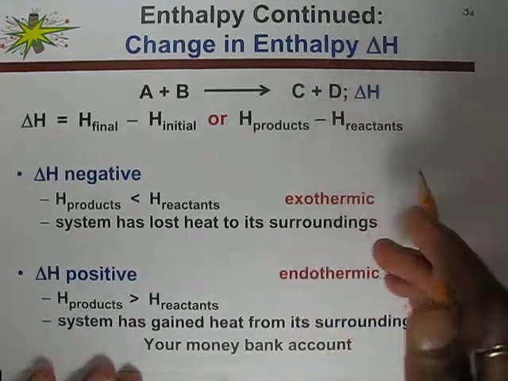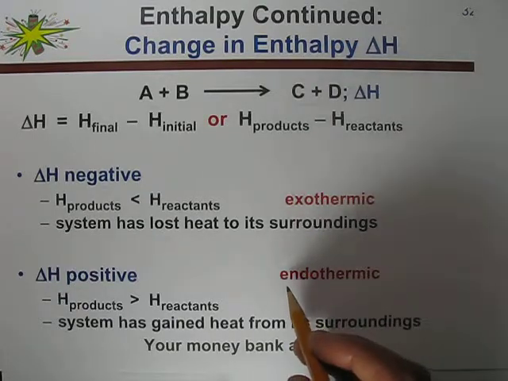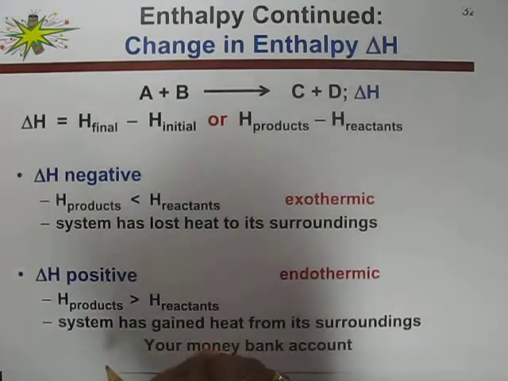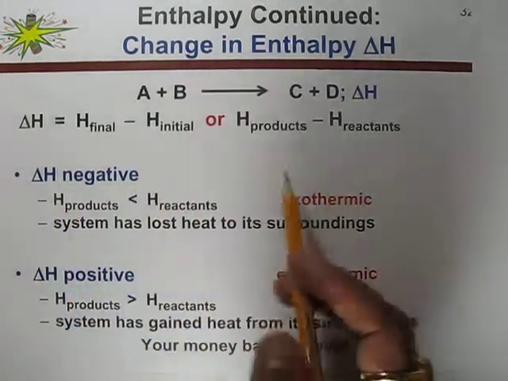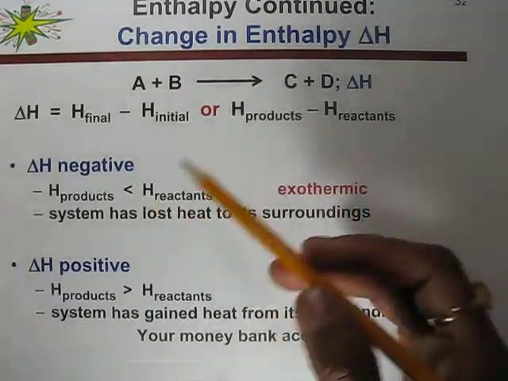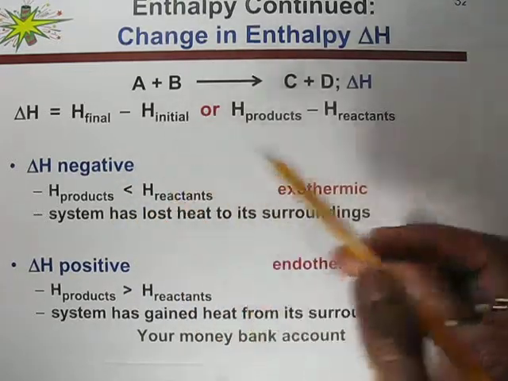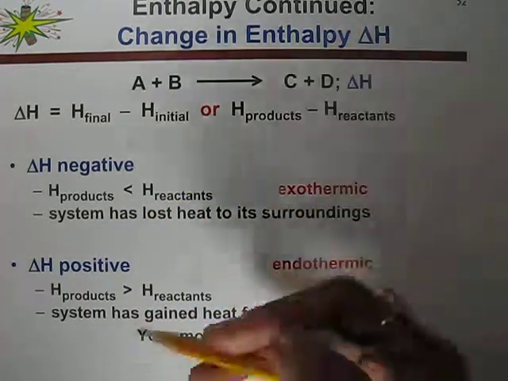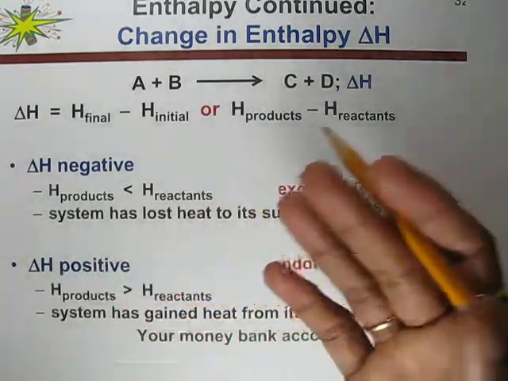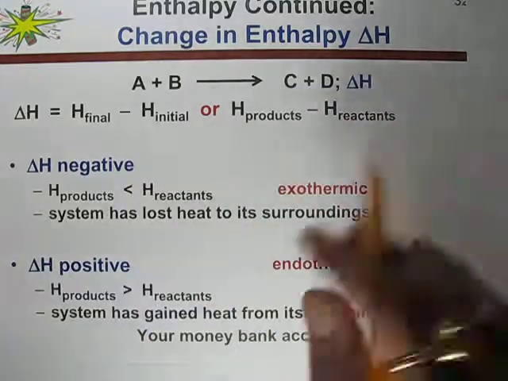If you are adding more money into your bank account, that is called endothermic, and delta H will be positive. If you are removing money from the bank account, it means the final value will be less than the initial, so that will be called exothermic. So money is coming out of the bank account, or heat is coming out of your system, means exothermic.